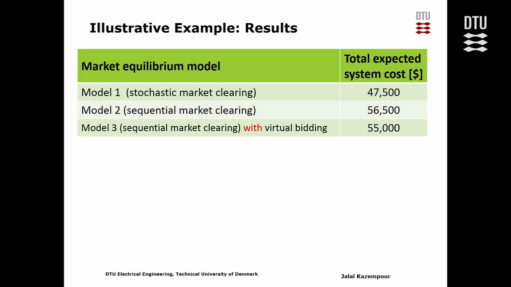Though the virtual bidder is profit maximizer, at the same time, it brings some information to the market. And as you see, the system cost reduced by 1,500. But it's not as efficient as the stochastic one, but it improved the efficiency of the system, of the market design. So we kept the deterministic nature of the market, just we allowed someone to come and enter the market, and the total system cost is reduced.